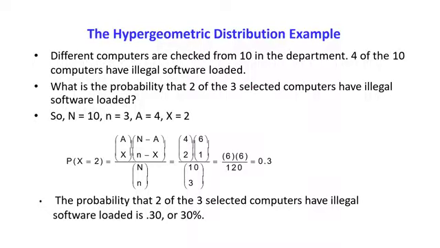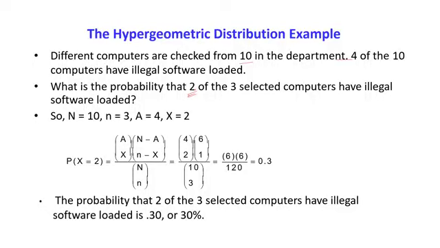In a particular company, different computers are checked, and from 10 in the department, 4 of the 10 computers have been found to have illegal software loaded. Now the management wants to calculate the probability that if I randomly select 3 computers, 2 of the computers may have illegal software loaded.